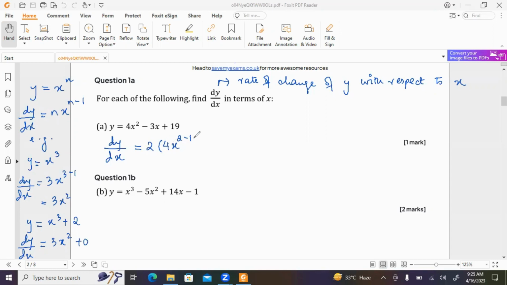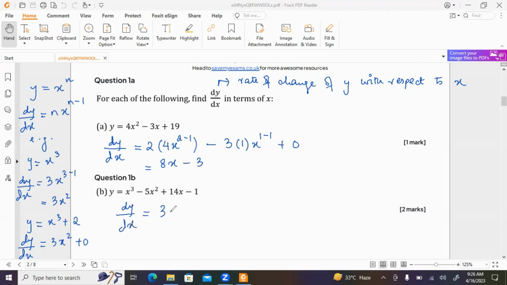For the minus 3x, x has the power of 1, so when you bring that down, it's 3 times 1, and 1 minus 1, and plus 0 because 19 is a constant. That's going to be 8x minus 3. Yep, that's your answer.